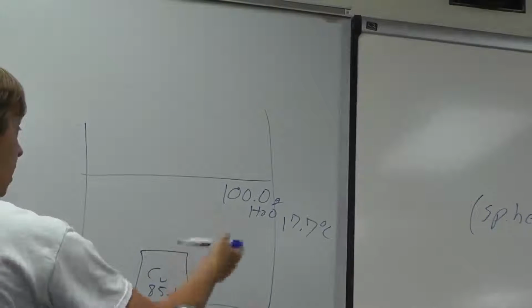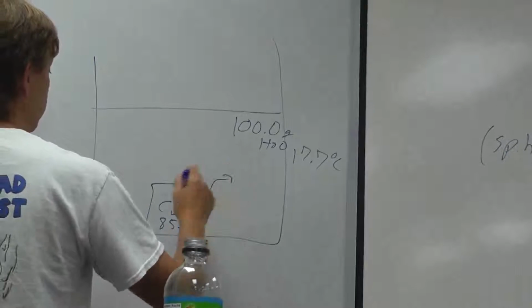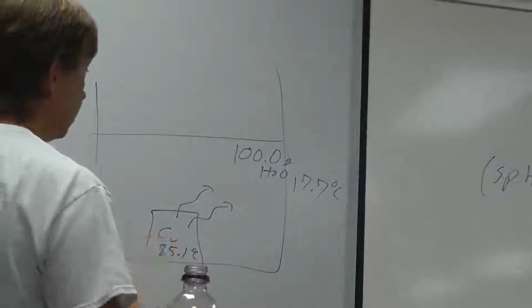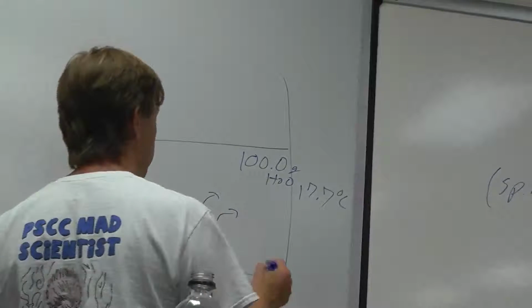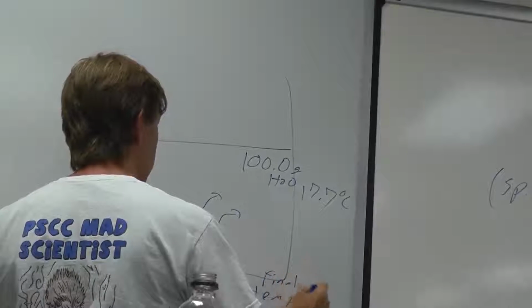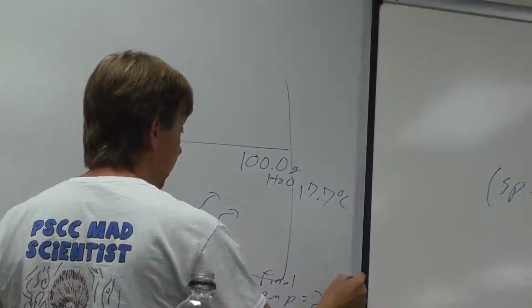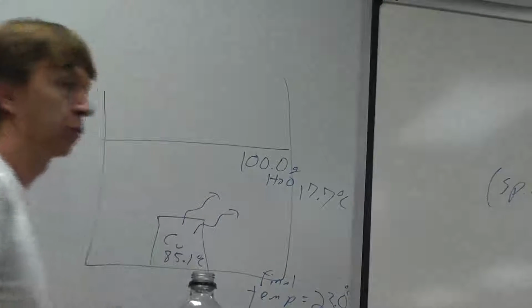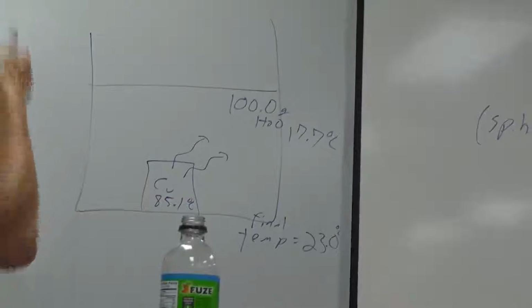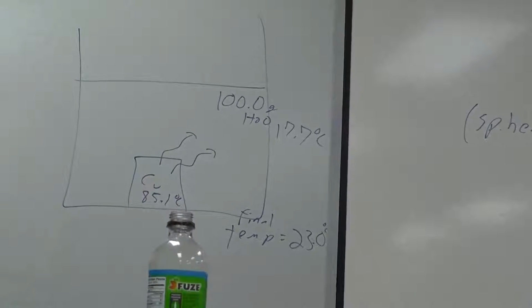The copper is hotter than the water. You put the copper in the water and heat flows from the copper to the water. And heat flow continues until they both reach a common final temperature, which in this case is 23.0 degrees. Both materials will wind up at the same temperature.